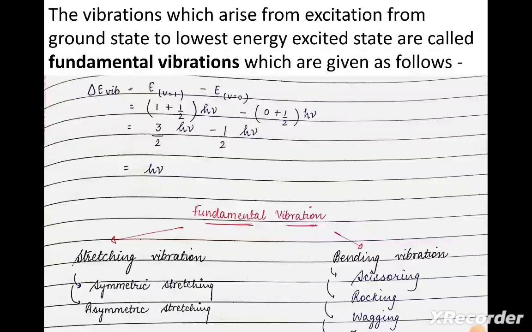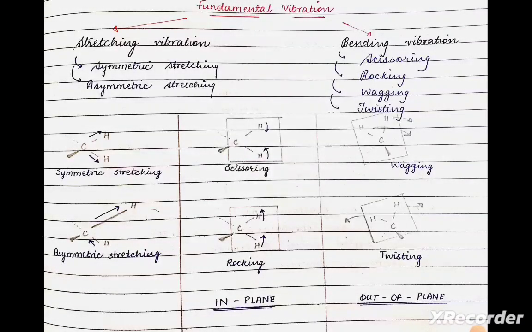Now how many types of fundamental vibrations are there? Mainly fundamental vibrations are of two types, stretching vibration and bending vibration. Stretching vibration is further classified into two types, symmetric stretching and asymmetric stretching, whereas bending vibration is classified into scissoring, rocking, wagging, twisting.